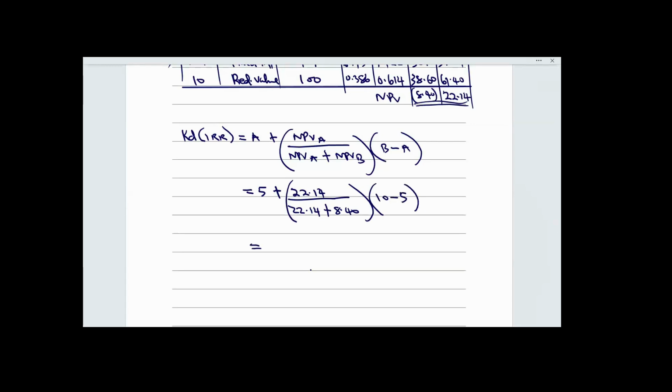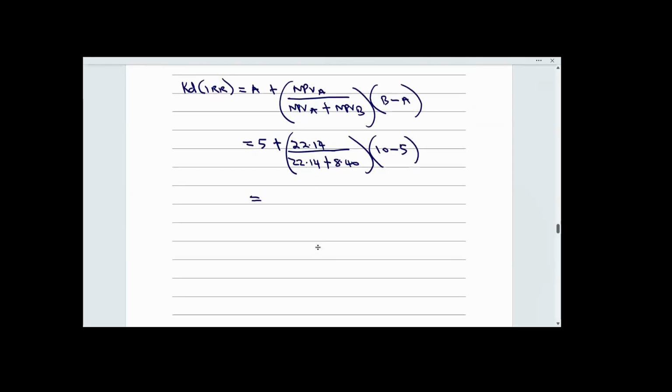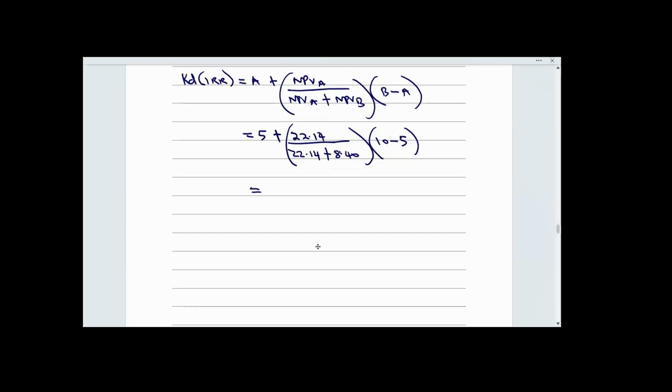You start from the denominator: 22.14 plus 8.4 equals, then 22.14 divided by the answer, multiply by the difference between 10 and 5, then plus 5.